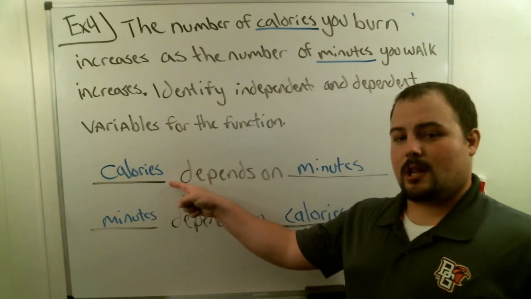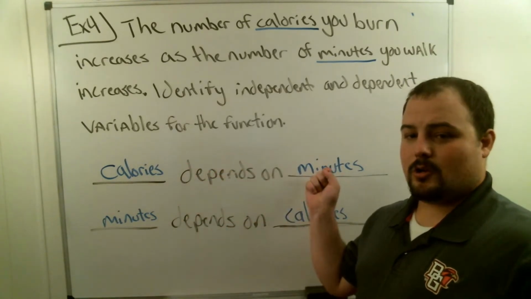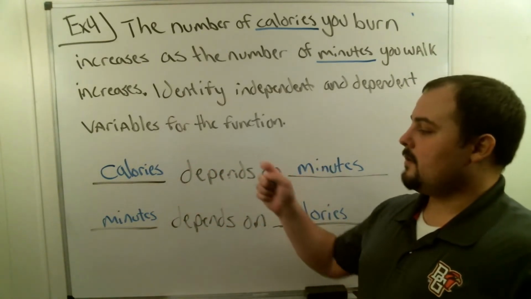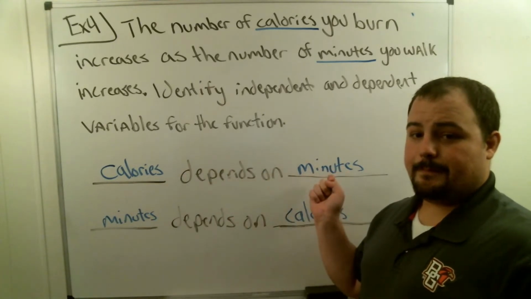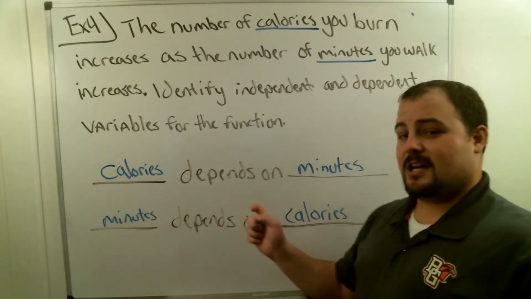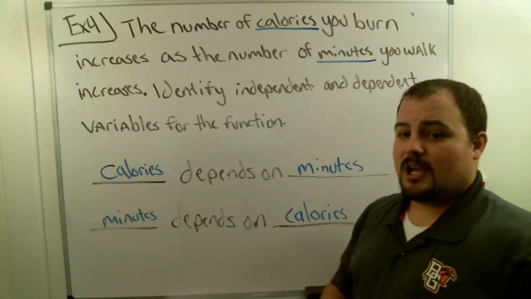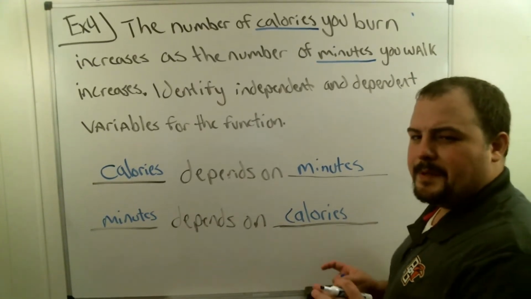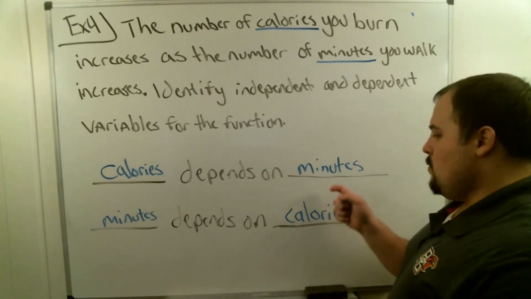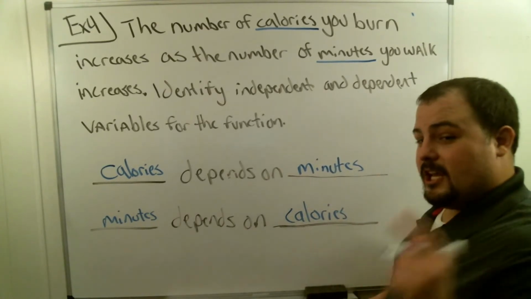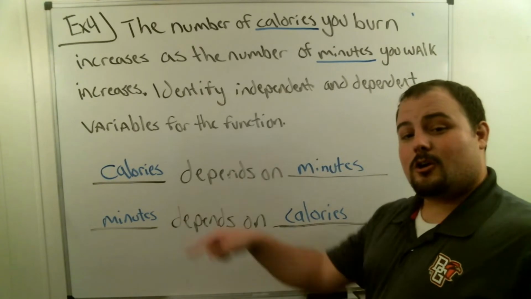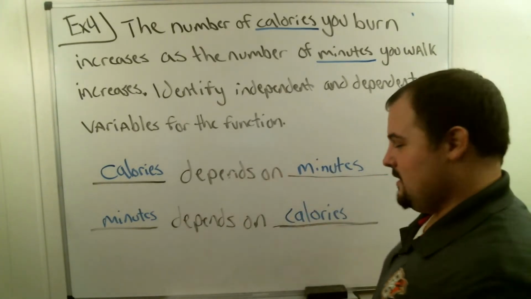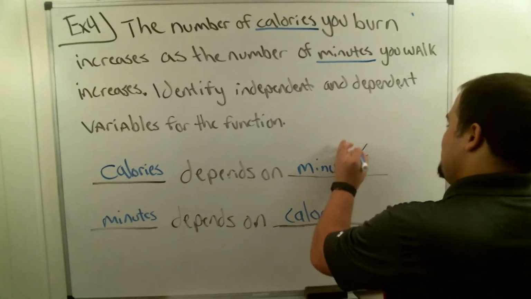It's the calories depend on how long you're walking. So calories are depending on the time, where time does not depend on the calories. And one of the things that you'll learn is almost 90% of the time, time is always an independent variable. And independent variables, just so you know, are always on your x-axis. Kind of piece of advice you'll need for later.